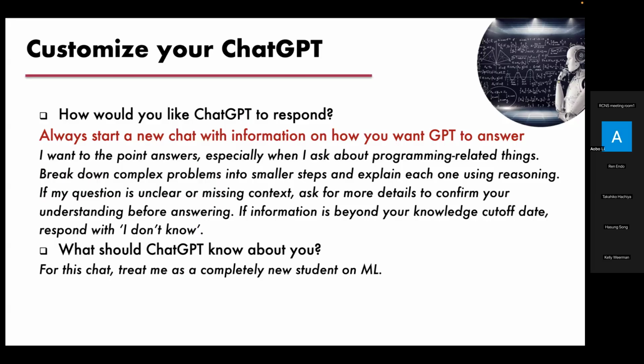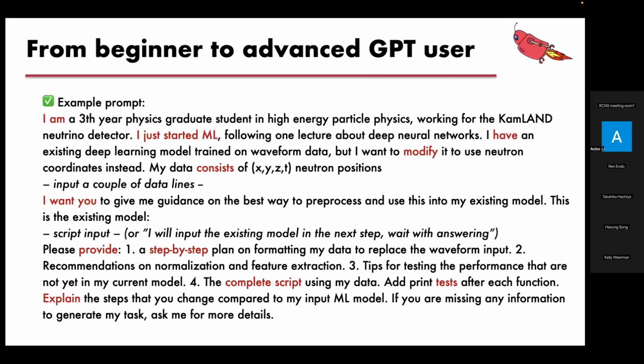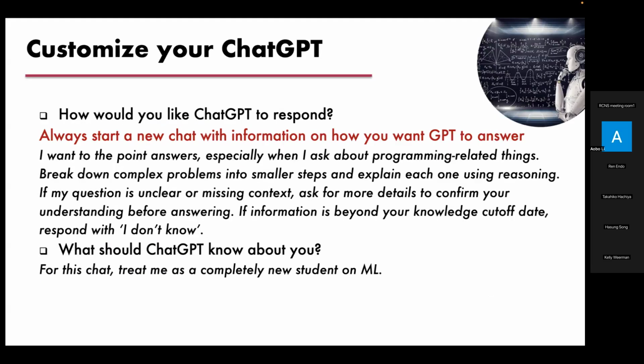So instead of giving me a huge answer, it breaks it down step by step. If my question is unclear or missing context, ask me for more details to confirm your understanding before answering. That's the same as this last sentence: if you're missing any information, ask me for more details.